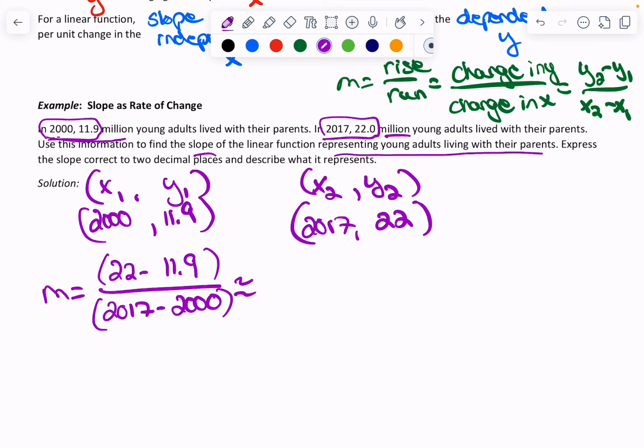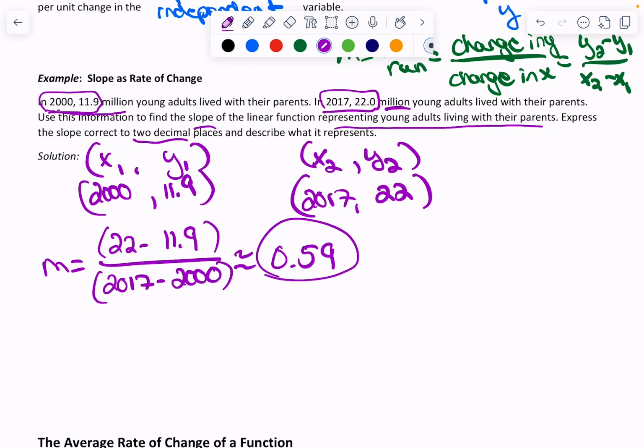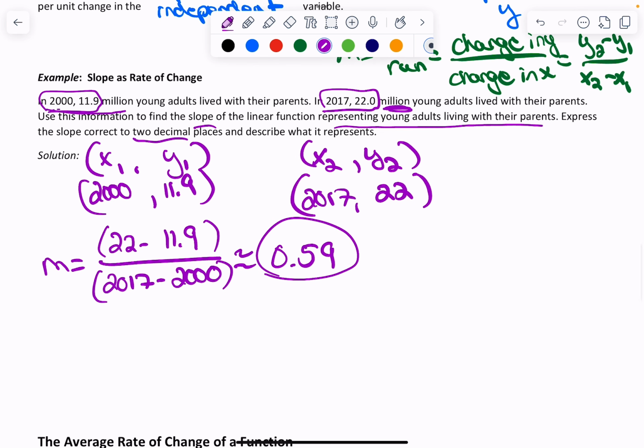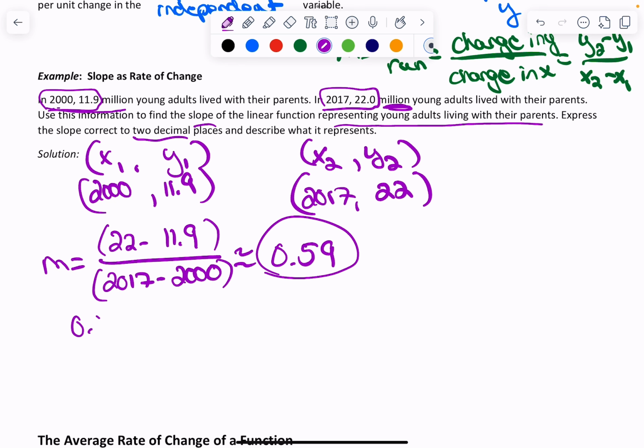Now, express the slope correct to 2 decimal places. So the 2 decimal places would be 0.59. And then it's asking us to describe what it represents. Well, before we start describing, remember that we had million here. So this is actually not 0.59, it's 0.59 million.